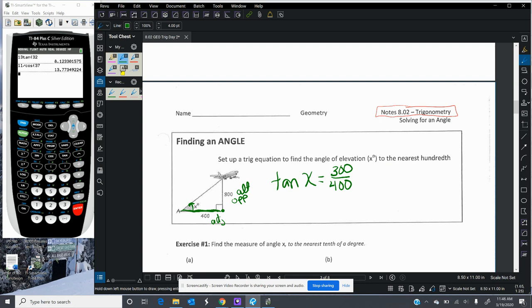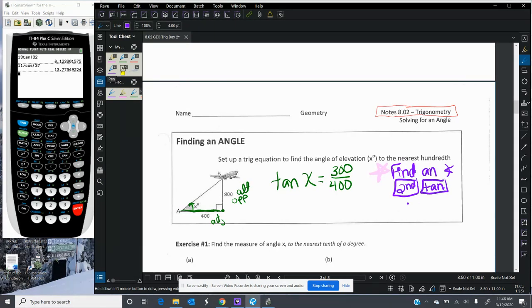Now this is a new process to go into the calculator. When you have to find an angle, you have to use the second button, then press tan.